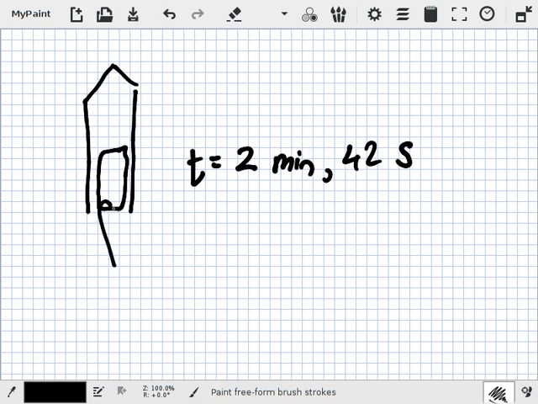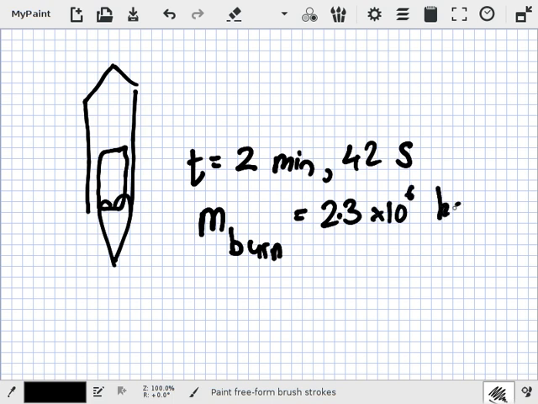This fuel gets burnt off. How much of it gets burnt off? Well, let's see. Mass of what's burnt off. How much fuel did it have at the beginning of this story? 2.3 million? And how much did it have at the end? Minus 0.48 times 10 to the 6 kilograms.